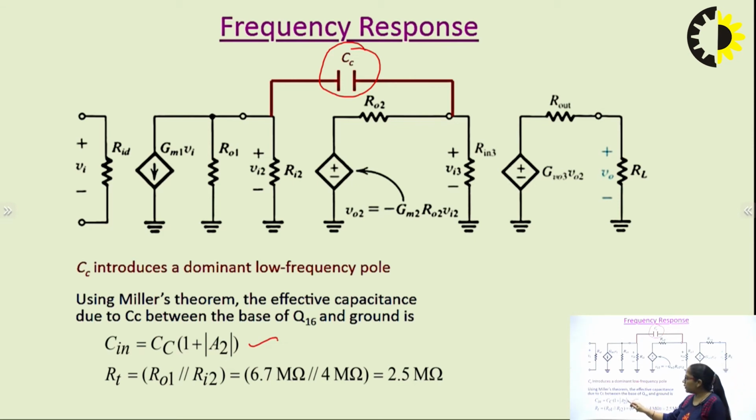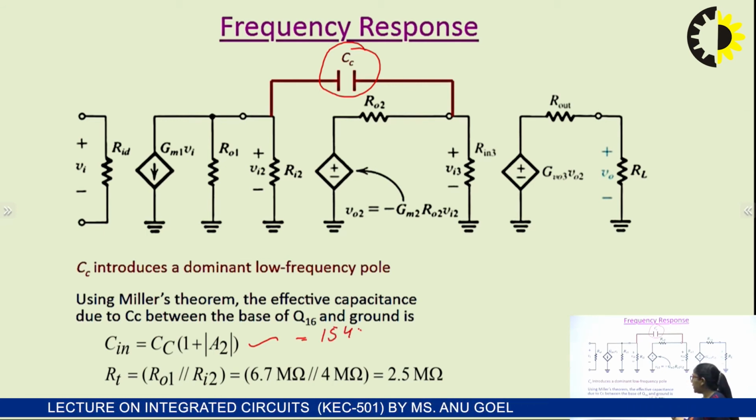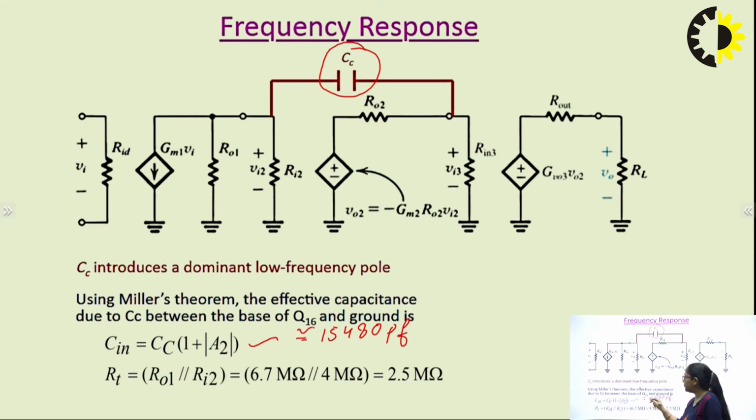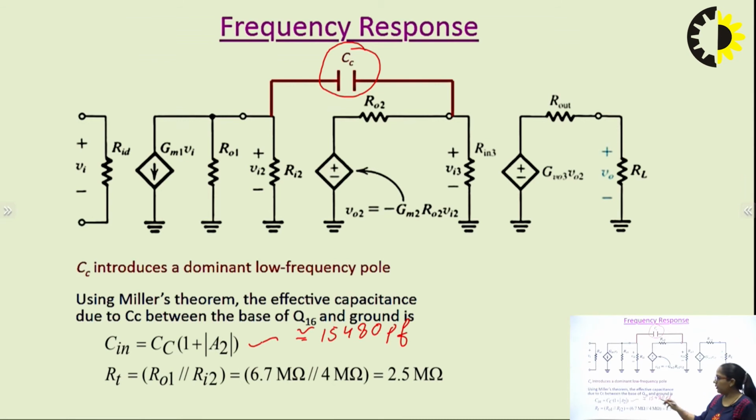When we put in the gain of the second stage and the coupling capacitor value, we will get the overall input capacitance, which is approximately 15480 picofarad. The value of the coupling capacitor is 30 picofarad and the gain of the second stage is around 526.5. We have observed this value here also. This is the value of the gain of the second stage. So the overall input capacitance is 15480 picofarad, which is quite high.